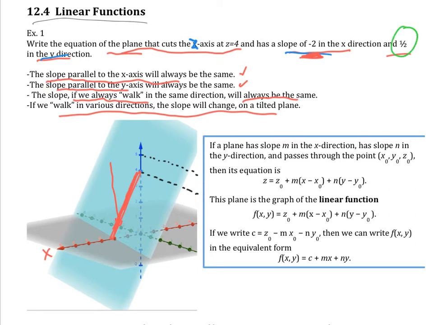Now what happens when we go in the y direction? We have a slope of 1/2 in the y direction, and so I'm going to be going up 1 for going over 2. Now I drew these 2 lines in here, this one and this one, because they are parallel to this axis. So this is all the 4s, this is all the 5s that are parallel to this y-axis.